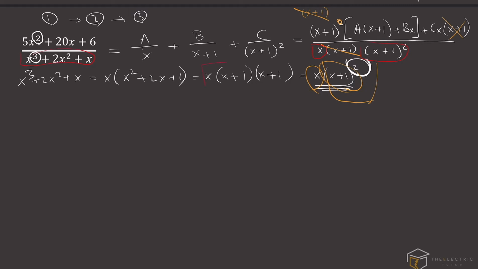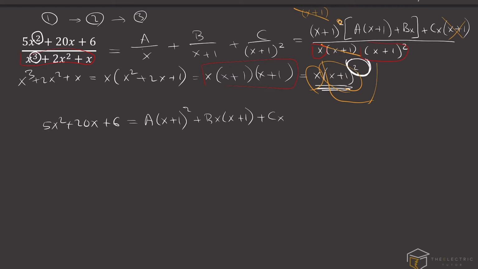You can also see it here. And now I can take the remaining part of the numerator and write it down. So a times x plus 1 times x plus 1 plus bx times x plus 1 plus cx, and that's equal to 5x squared plus 20x plus 6.